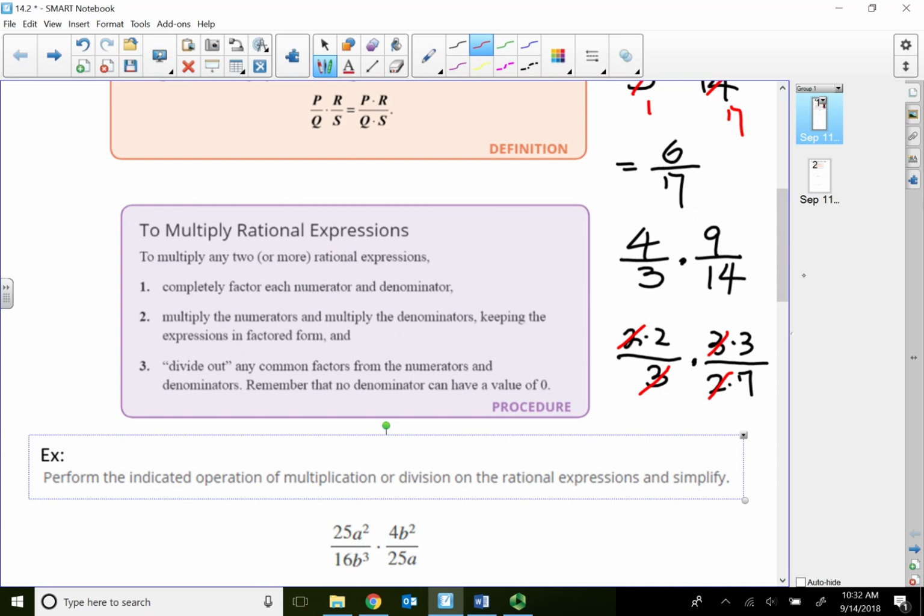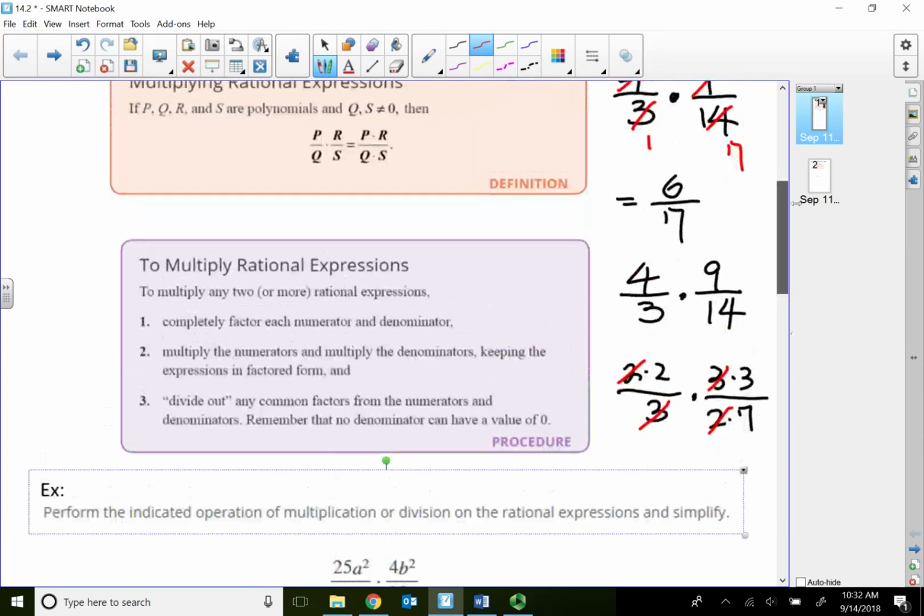So for rational expressions, we will need to completely factor each numerator and denominator because factoring makes them one term. Multiply the numerators and multiply the denominators, and then divide out any common factors. So basically, I'm going to switch step 2 and 3. I'm actually going to reduce them first and then multiply them side by side.